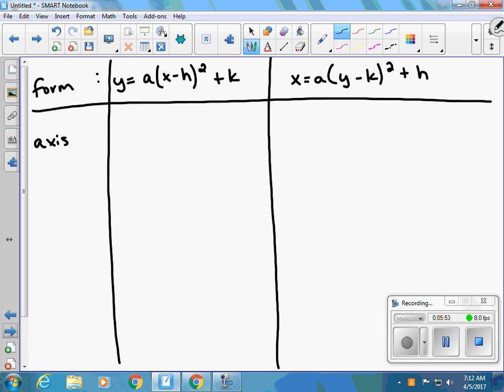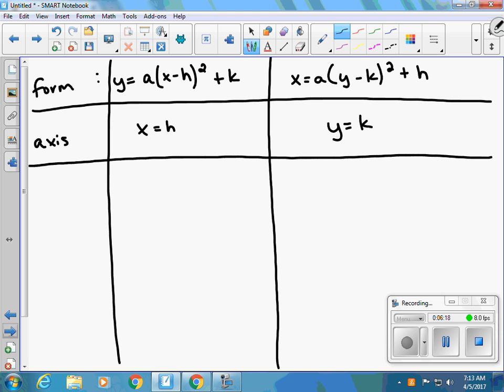So our axis of symmetry is x = h. That's because if we have y equals, that means we have a right side up parabola or an upside down parabola, so we need a vertical line, which is why we have an x. If you have an x equals, this is a sideways parabola, so it needs to be a vertical line.